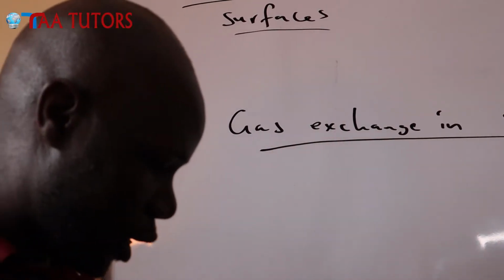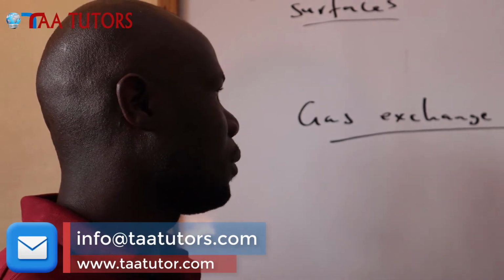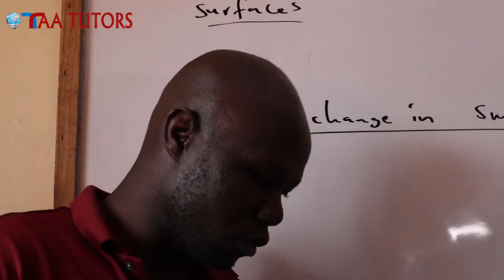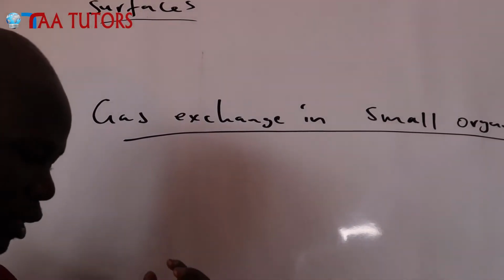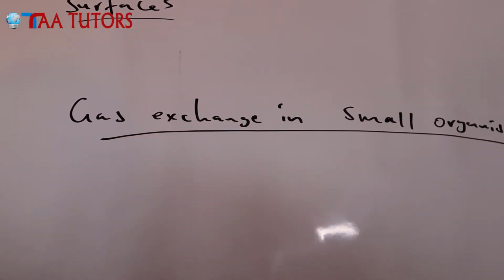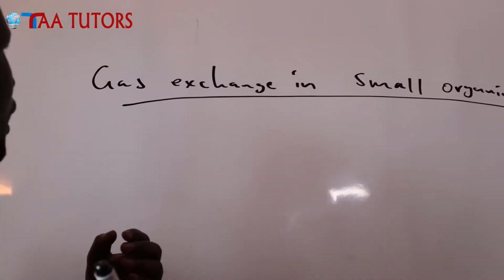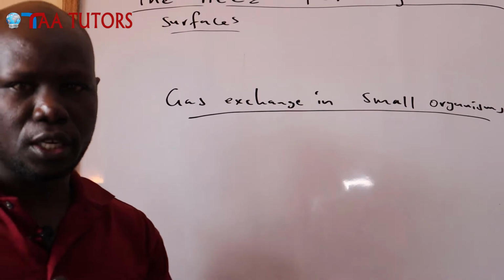If the organisms are small in size, what is going to determine the movement of particles across them? Going back to the principles of the surface area to volume ratio to guide us, we will realize that organisms that are small in size, like the amoeba, have a bigger surface area exposed to the surrounding.